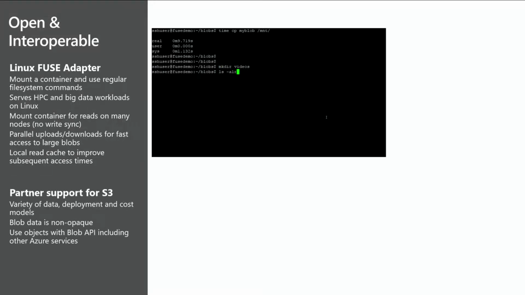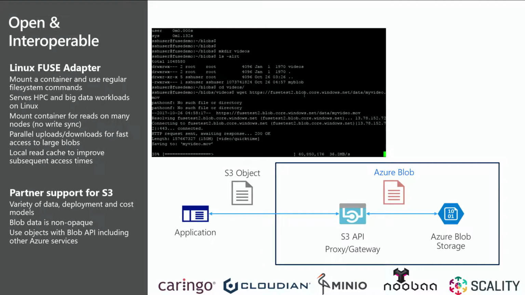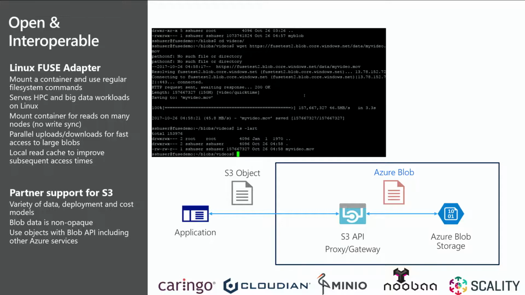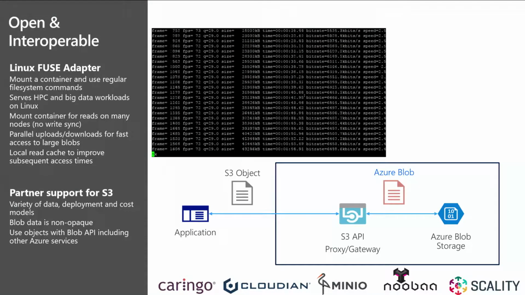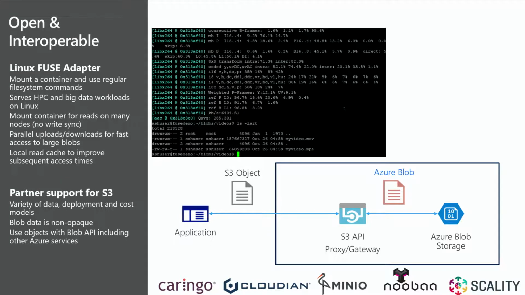If you're using S3, either with other cloud providers or with on-premises object storage, we have partnerships with a number of different partners where you can stand up a proxy. They can speak the S3 API, and they commit that data as native blob format, so our other Azure services can consume it.